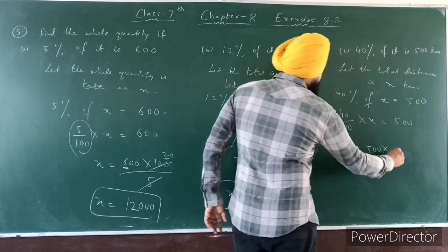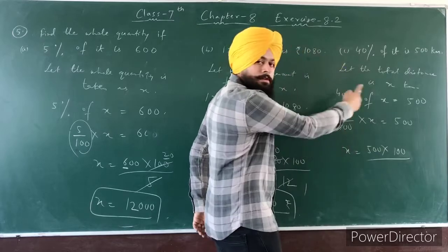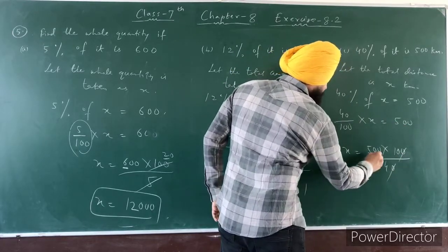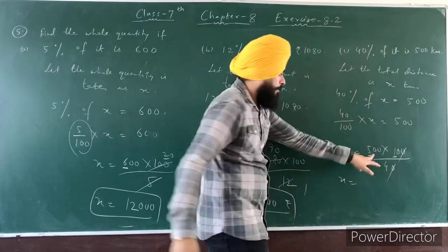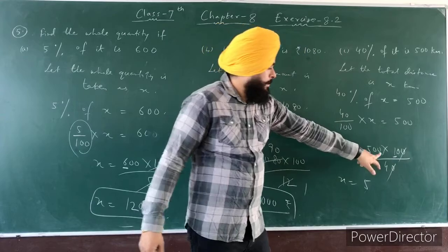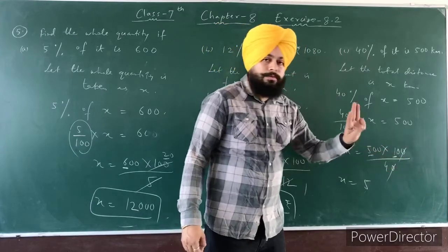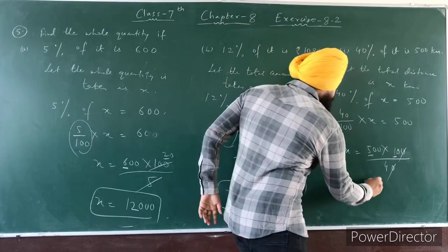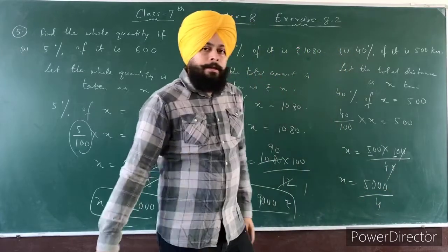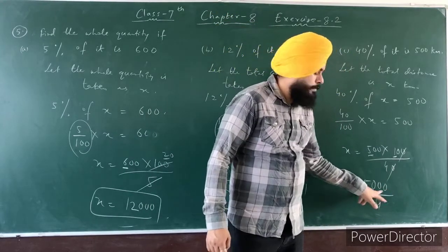Now take this 40 over 100 on the right hand side. So 100 is multiplied and this 40 is divided over there. So once it is cancelled, what is left here? 5, 1. 5 ones are 5, and how many zeros count there? 1, 2, 3 zeros. Only 3 zeros. And the denominator is what? 4. Now you should divide this 5,000 over 4.